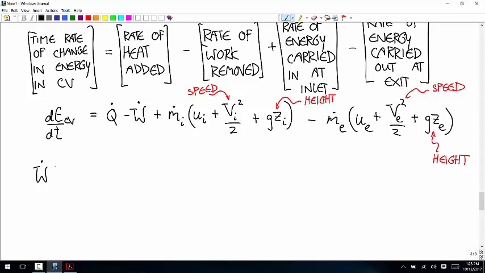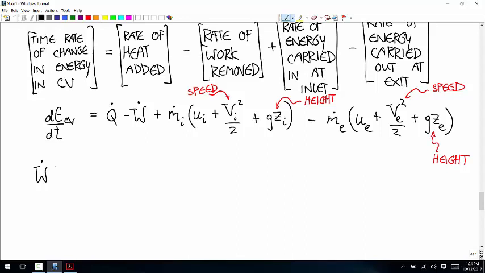And then at the exit, there's work being done on those particles by the stuff in the control volume. So we have to account for the change in energy due to work right at those boundaries that we didn't have before. Okay, so that's a new thing.